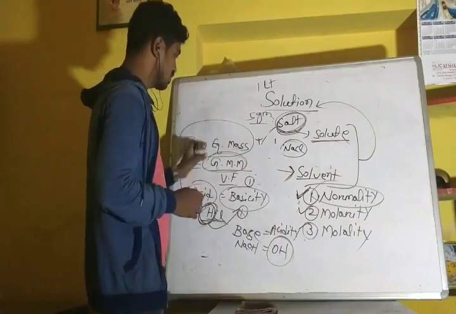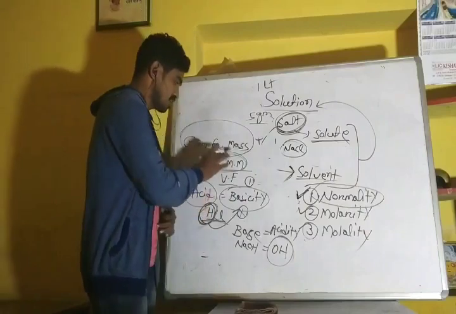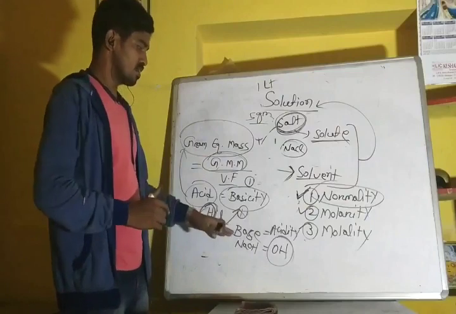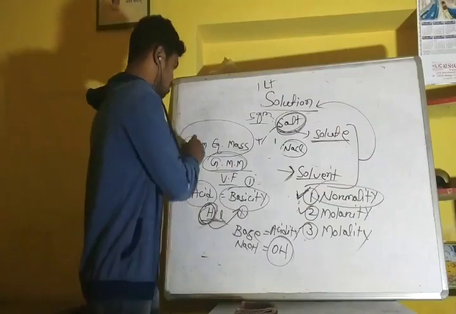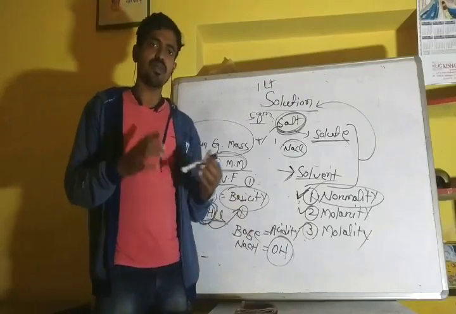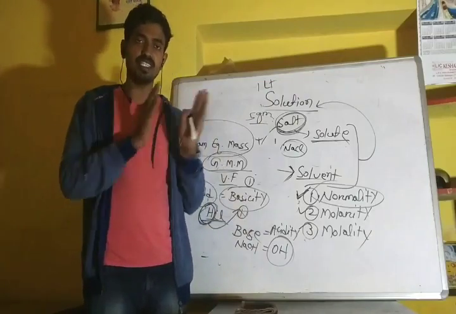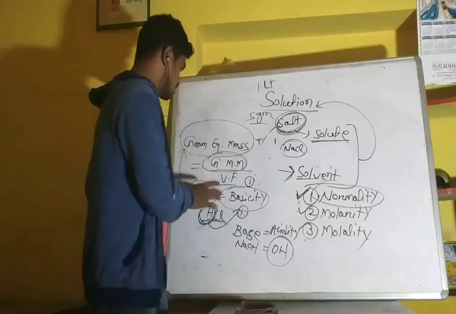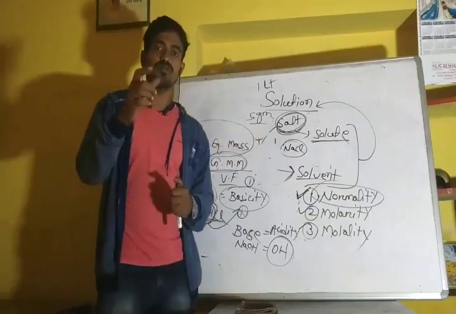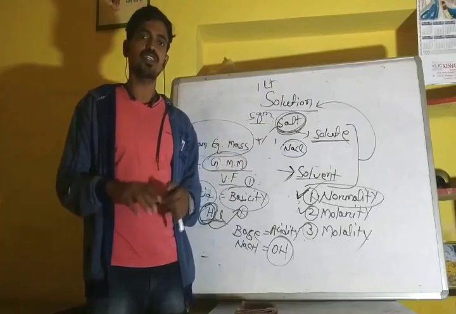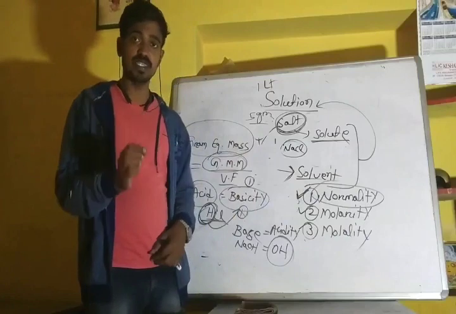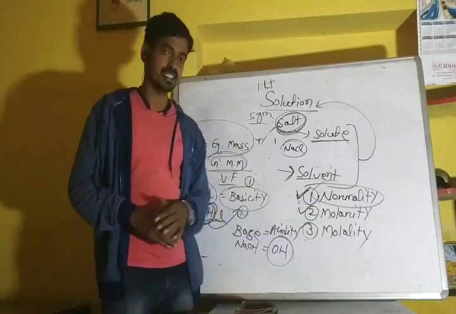And if we divide the gram molecular mass by acidity, we find the equivalent mass of the base. By finding these two factors, the equivalent weight and the volume of solution in liter, we can easily calculate the concentration terms, that is normality, molarity and molality.